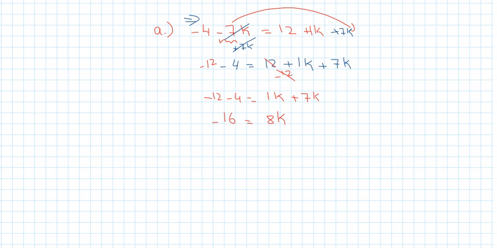Multiplication. If I want to do something opposite than multiplication, what would it be? Division. So that means to get rid of that 8, I have to divide by 8. When I do it to one side, I have to do it to the other side. So that here, they cancel each other. Negative 16 over 8, that's negative 2, equals k. And that is my answer.